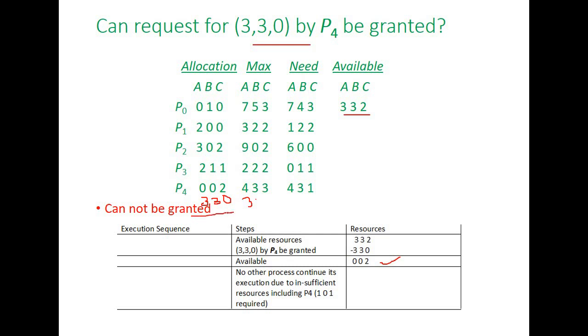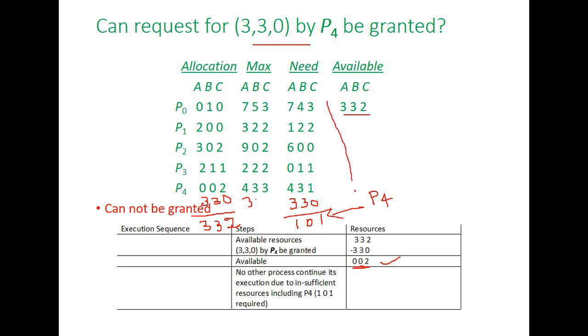When we grant 330, the allocated resources will become 332, and the need of the resources will be 433 minus 330, that is 101. So 101 is the remaining resources needed by P4. Now the currently available resources in hand is 002.